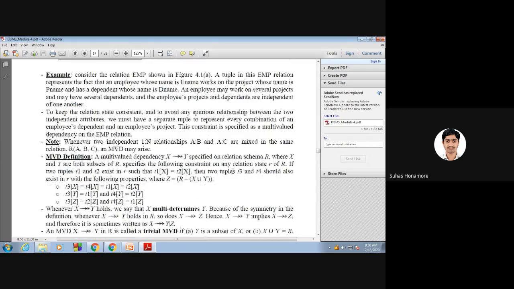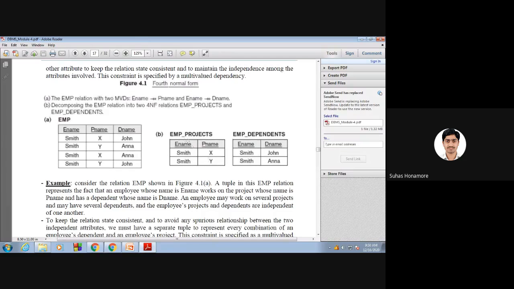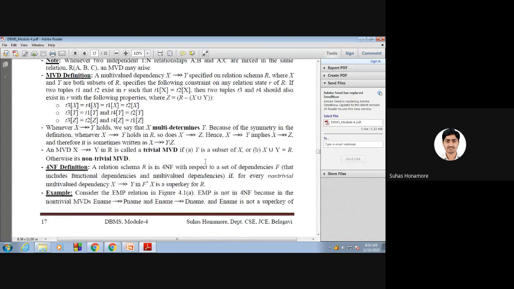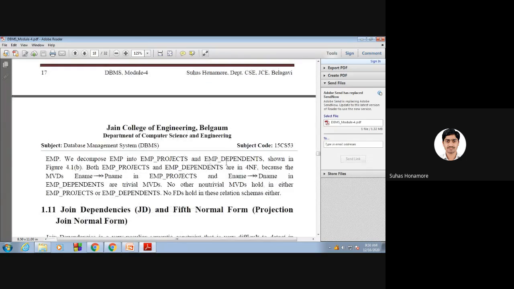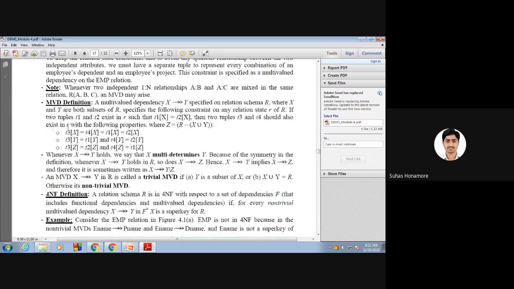Now we have to check whether it is in 4NF or not. Here this is my X and this is my Y, so the multivalue dependency is there. Is it in 4NF or not? Any guesses? Since we don't have any Z combination, that is, X to Y and Z, the multivalue definition will fail.